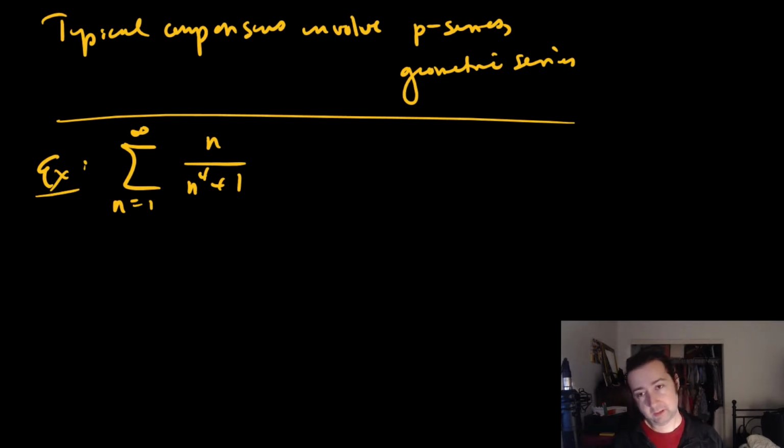Okay, so n over n to the fourth plus 1. The very first thing I should do when I look at a series, especially a series of rational terms like this, is to try to figure out what I believe about what the behavior of the series is. And when I look at this, I believe it converges. And the reason is, as n goes to infinity, the terms of this series end up dominated by the leading terms.